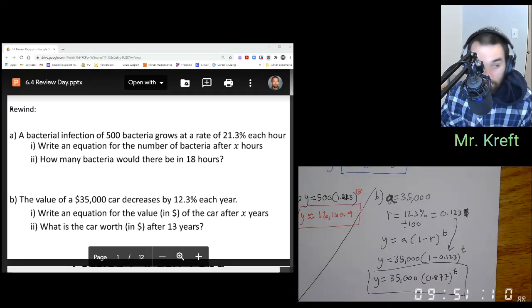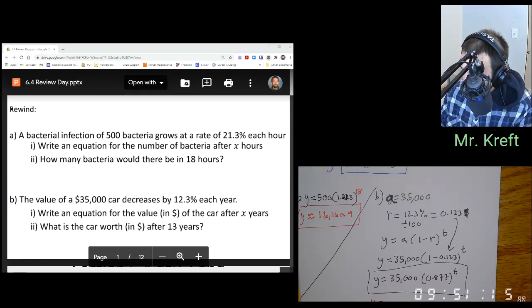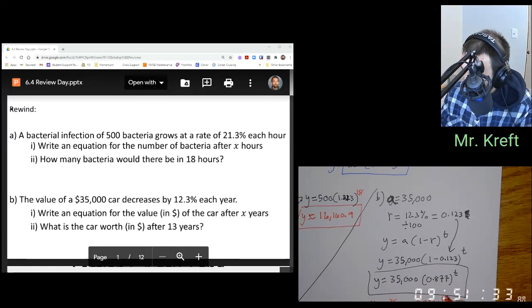Okay, if I plug in 13 for t, so y equals this to the 18. I'm going to do that really quickly. Oh, not 18, it's 13 for this one. Sorry. So 13, I get y is approximately 6,000.